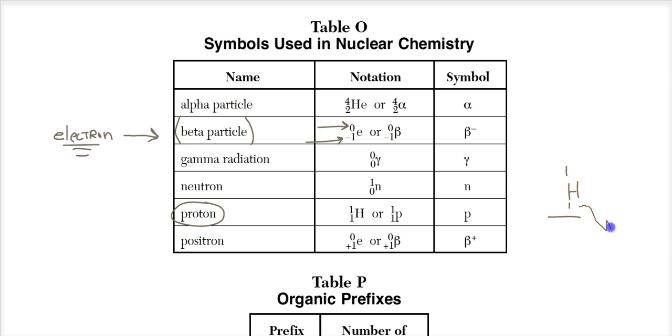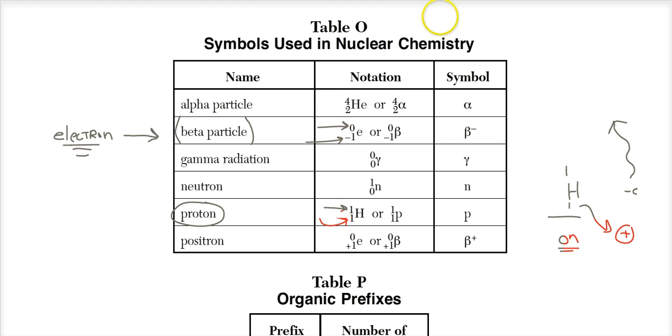It has 1 proton, and if it's an atom, it has 1 electron. Now when you lose an electron, you're just going to have the proton remaining, because 1 minus 1 gives me 0 neutrons. Just giving you a lot of things to think about here. In any case, the mass number is 1 for the hydrogen, and its charge is +1.